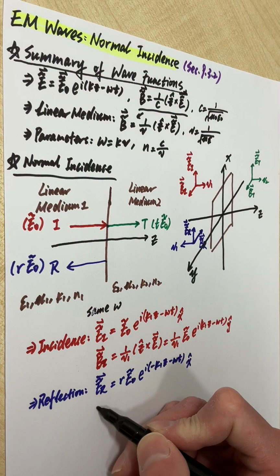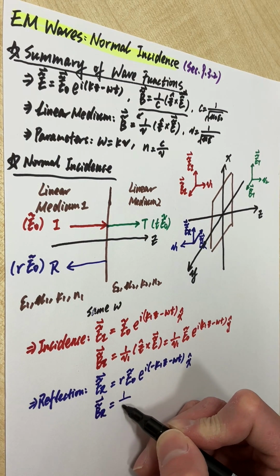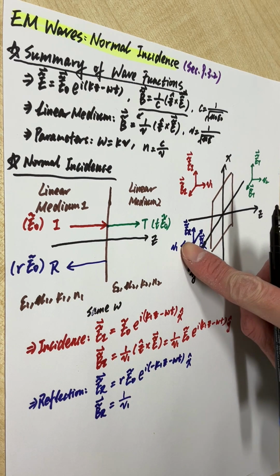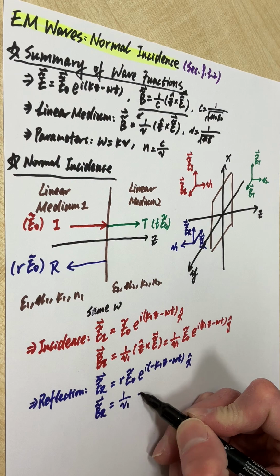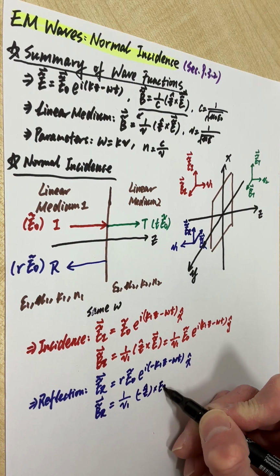Okay, so BR would be equal to 1 divided by V1, and now the propagation direction is minus Z, so I have minus Z direction cross ER.